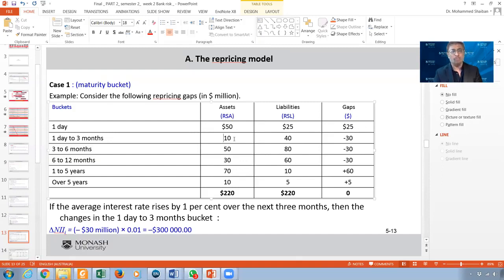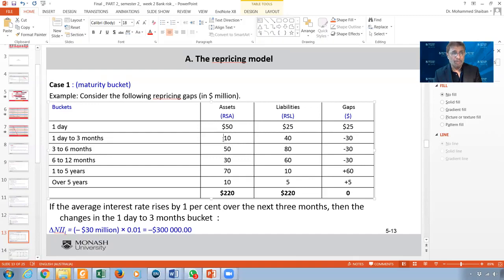Only 10 will leave here, which means I will be receiving 10 and paying 40. Now I have to borrow the difference, 30. If the interest rate is going up, it's not a good case, because I have to borrow 30 now at the new rate. And this is what's happening.